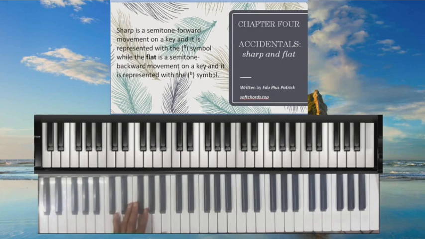Now, as you can see, if I press this key here, you can see it is written C and then a symbol after it, which is a hash, denoting that it is sharp.